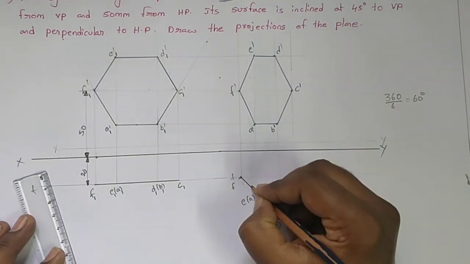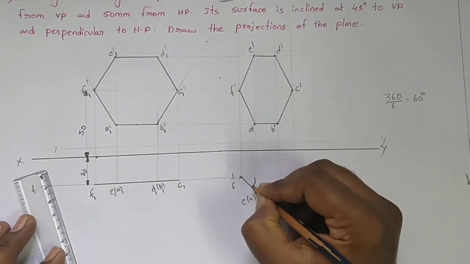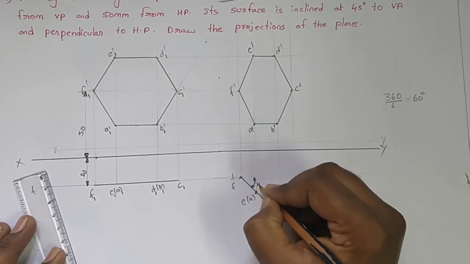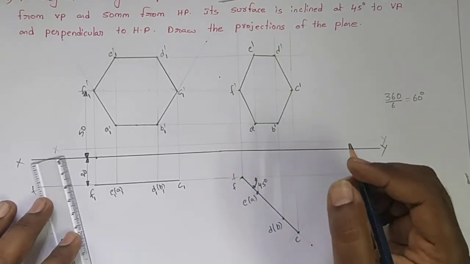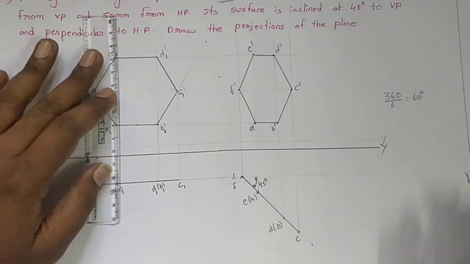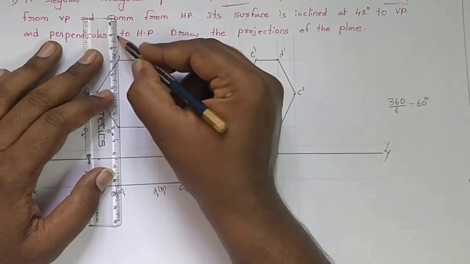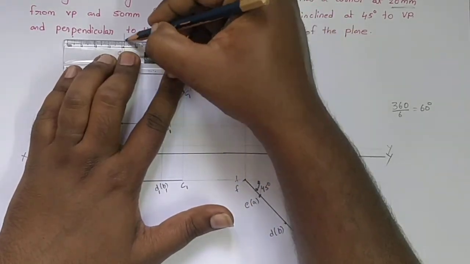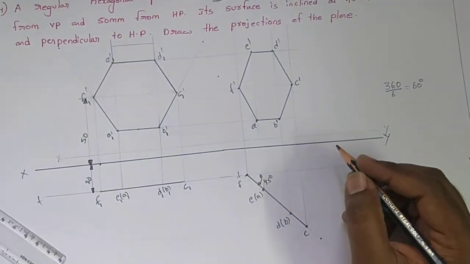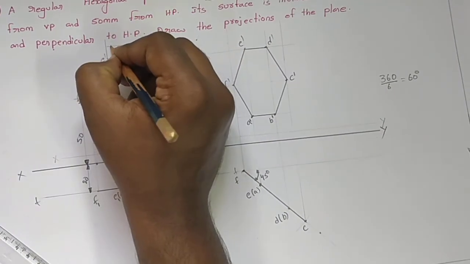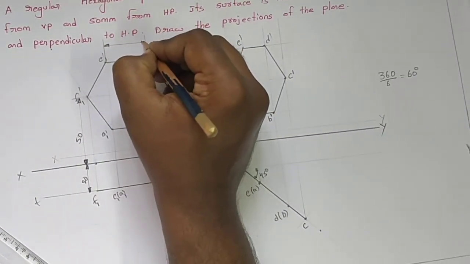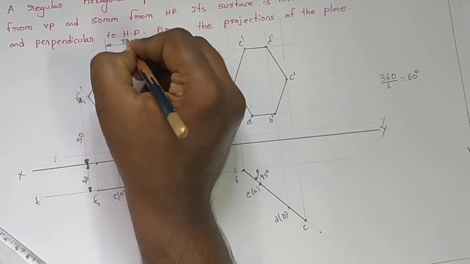Here the angle between this line and this XY line is 45 degrees. Okay, after completion we need to give the dimensions. Here the side they given is 30 mm.